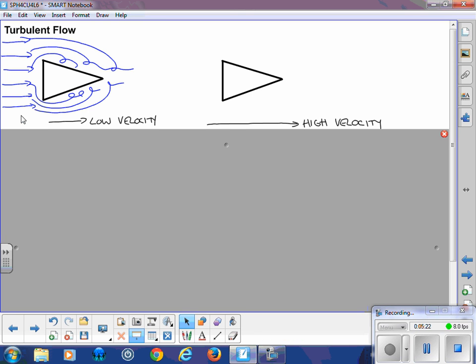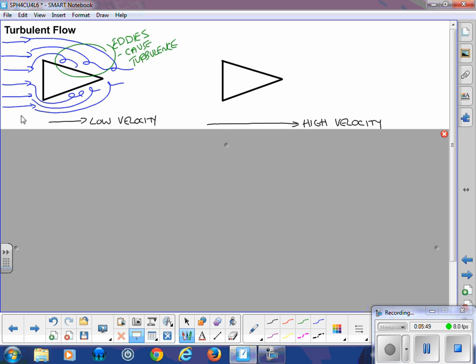So those in there that I just sketched are what we call eddies. And those eddies cause turbulence. So turbulence is that fluttering force that, if you put your hand there, wants to push your hand or sort of run it all over the place. So at a low velocity, that's what it looks like.